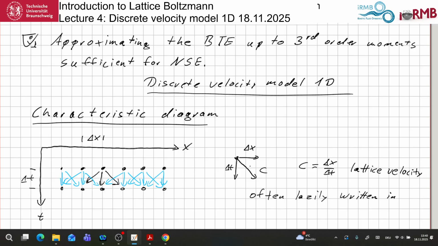written in what we call lattice units, so that we just assume that delta x is equal to delta t is equal to 1.